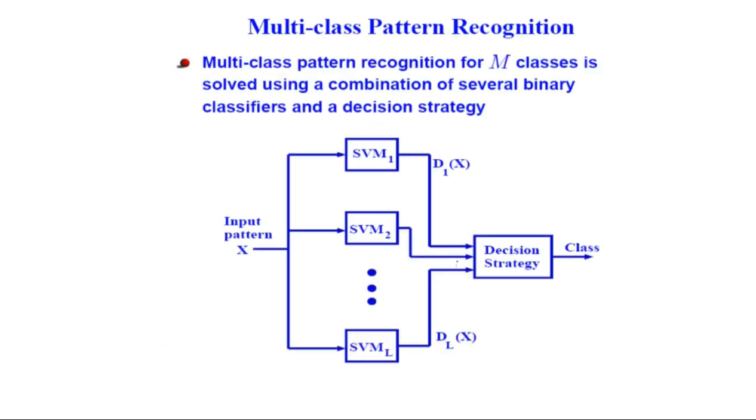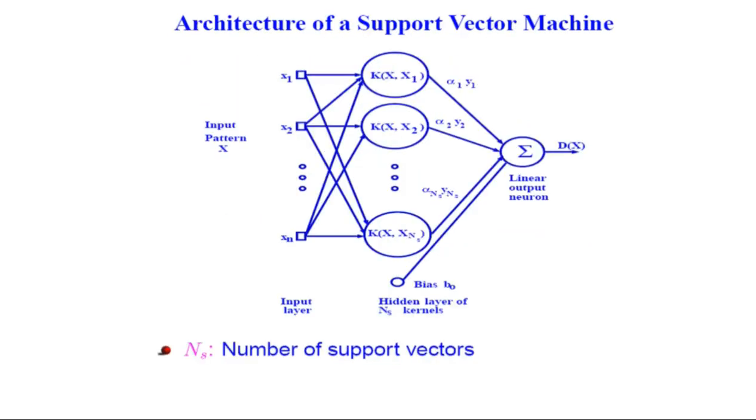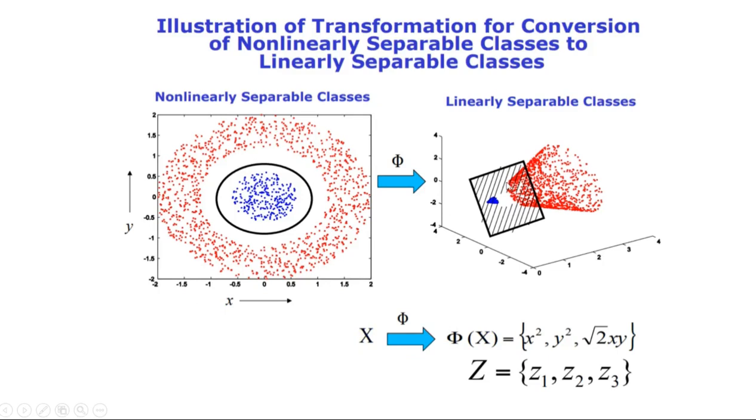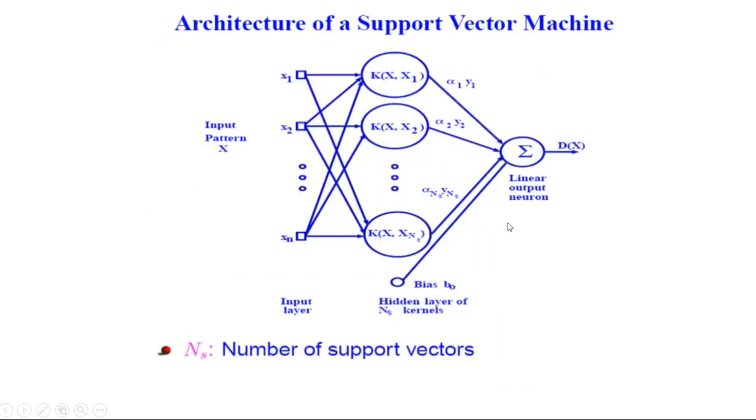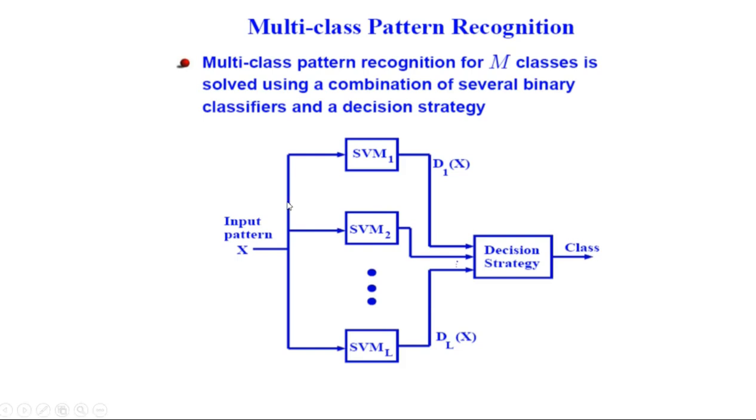So far we have seen only binary classes, that means only two classes, plus 1 or minus 1. What happens if we have more than one class? We will take multiple SVMs for multi-class pattern recognition with m classes.